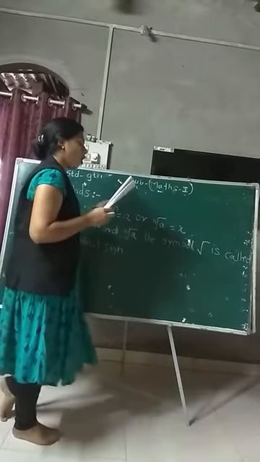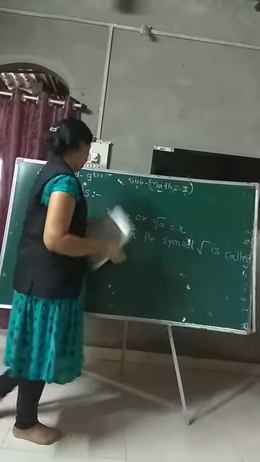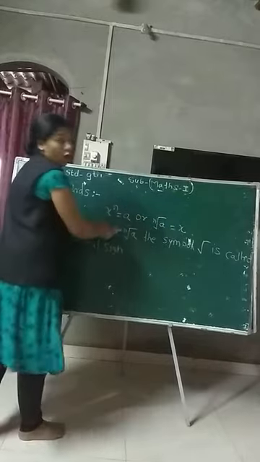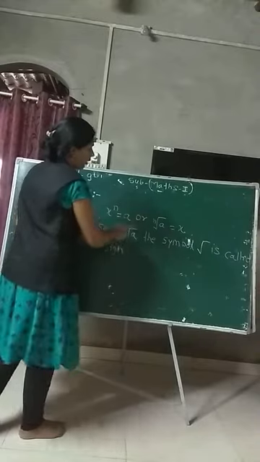And n is the order of the surd and a is called the radicand. Here n is called the order of surd and a is called the radicand, and this symbol is called the radical.